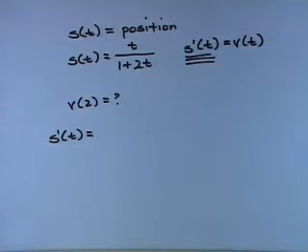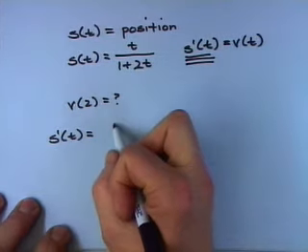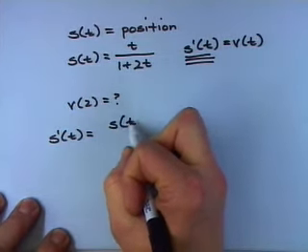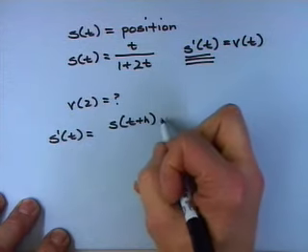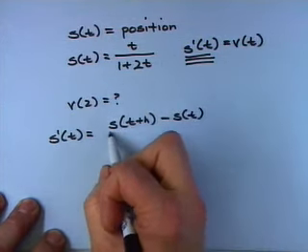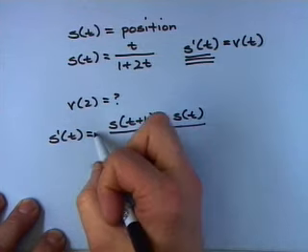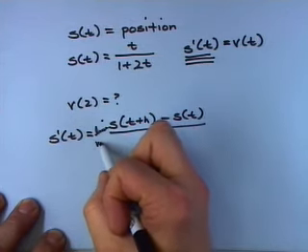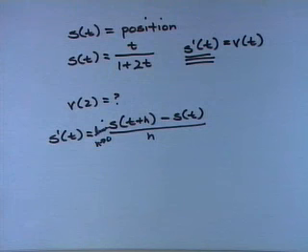So let's find the derivative of the position function. So that ought to be the limit of s of t plus h minus s of t, all over h, as h approaches 0, right? Wonderful planning there on my part, to squeeze that little limit in there as h approaches 0.